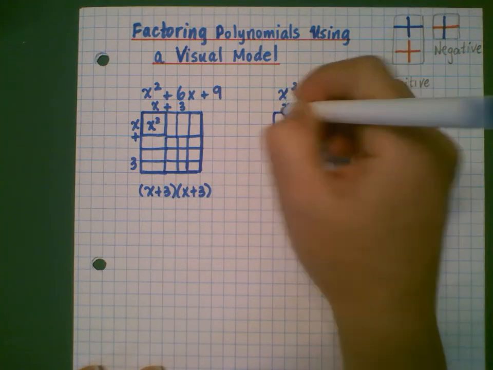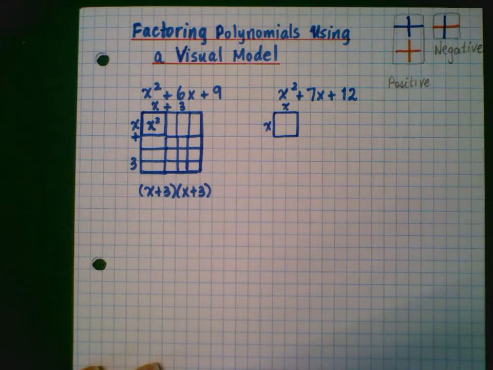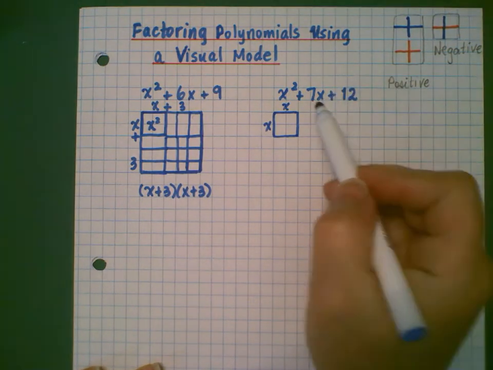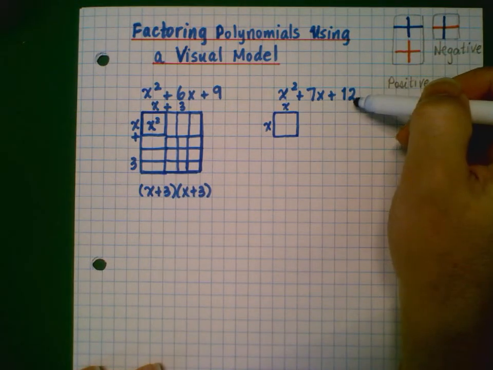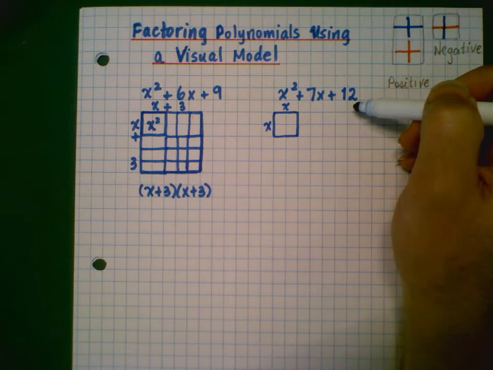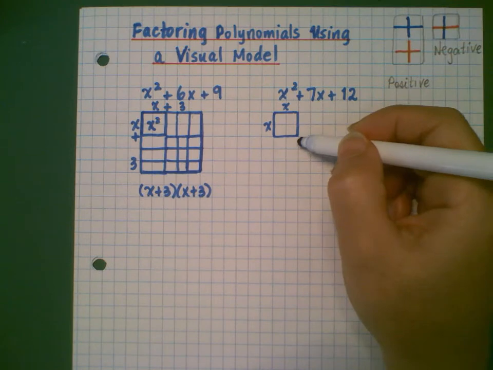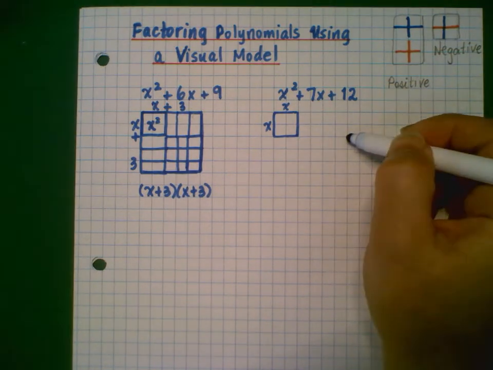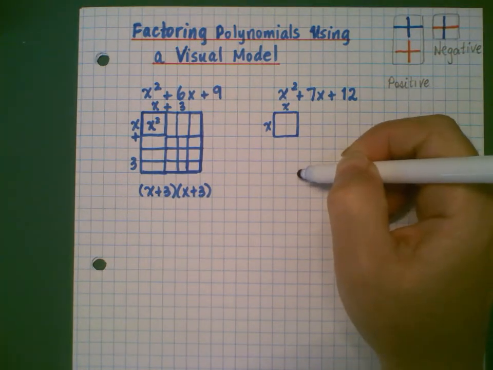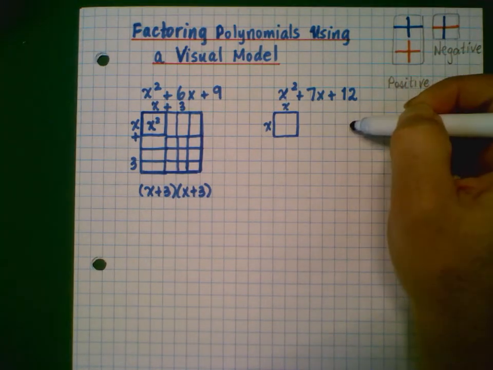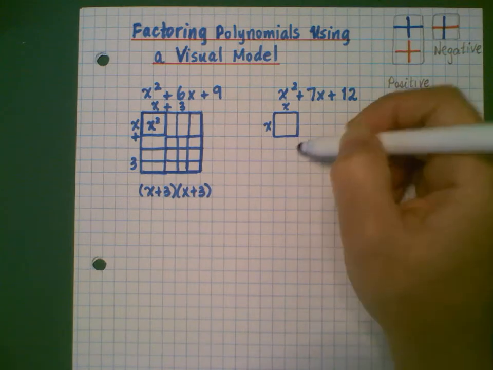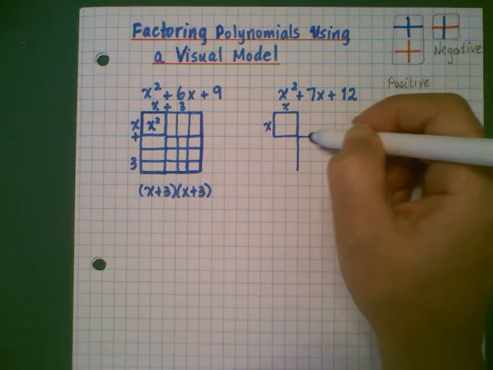So that's a square that measures x by x. They're all positive values, so I'm going to continue using blue for this model. Now I've got 12. 12 can be broken up in a couple of different ways, so I've got to think about that. If I were to do 3 by 4 here as my 12, I would have 4 bars across the top and 3 down the side, and that is going to work. It's going to make 7.